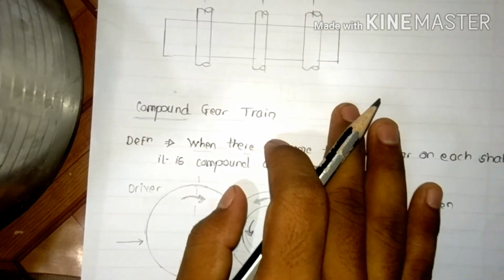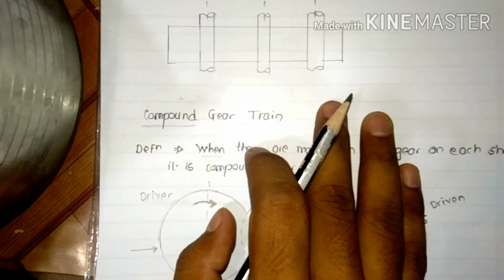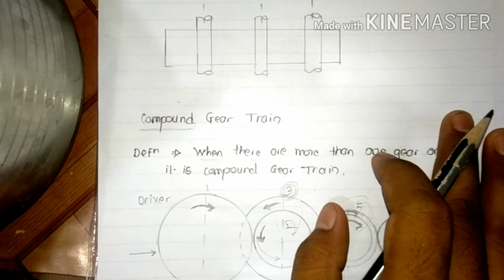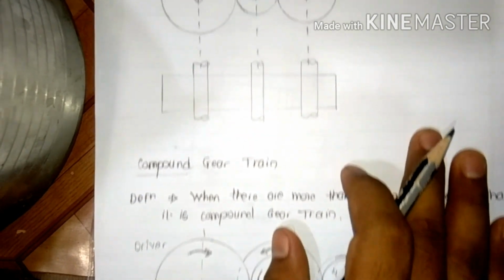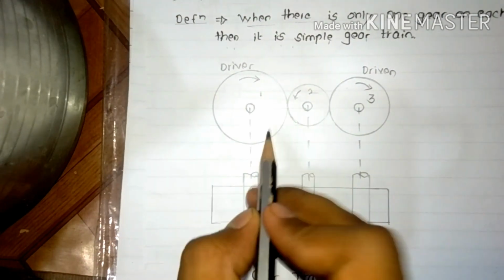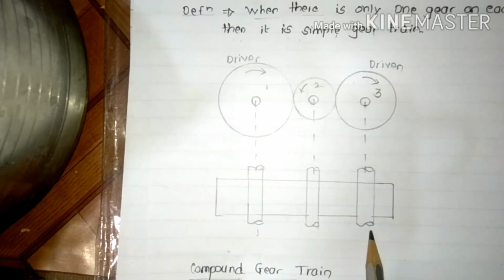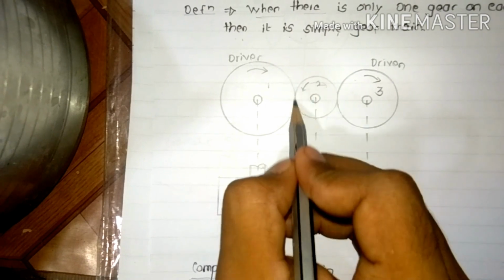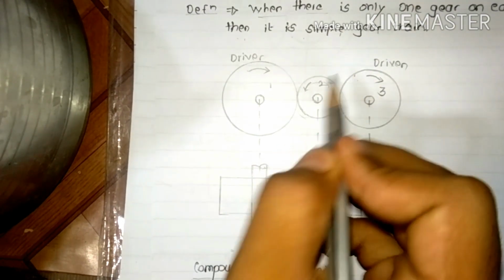So why did we develop such a compound or complex type of gear train? The reason behind this is the drawback of simple gear train. That is, when there is a large distance between the two gears, we have to mount an intermediate gear between the driver and driven.